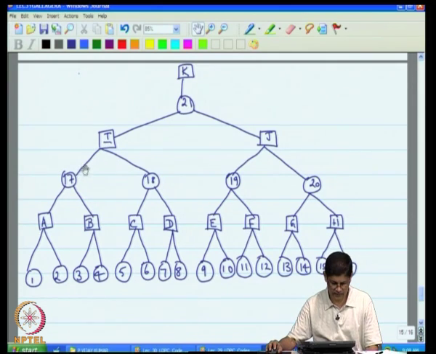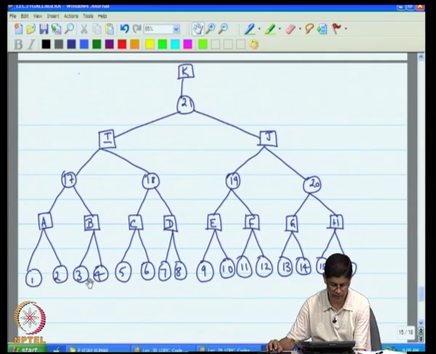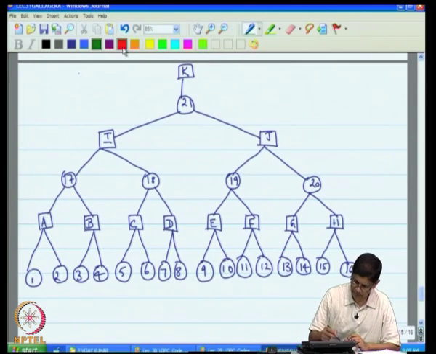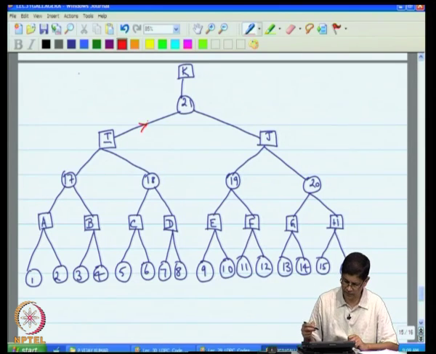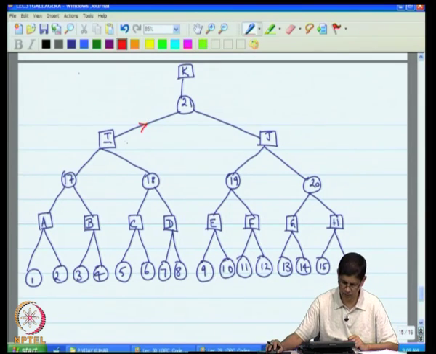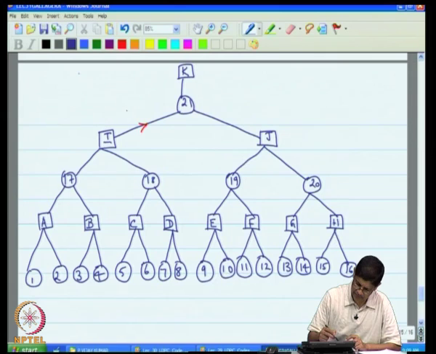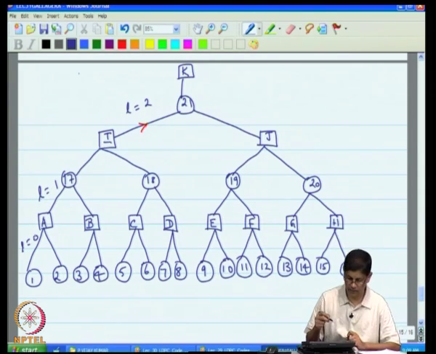I can denote that by saying that this is on L equal to 2, and this was the case when L is equal to 1, and this was the message passed on L equal to 0.